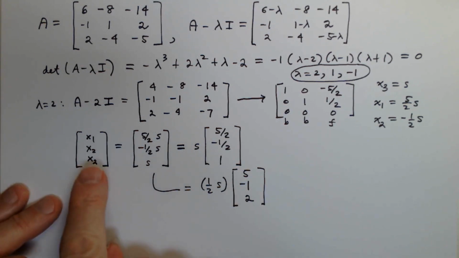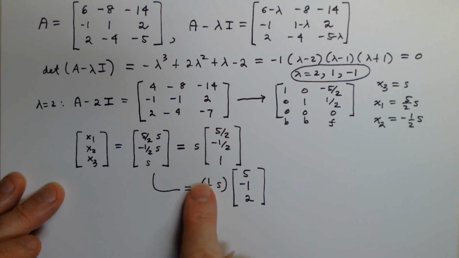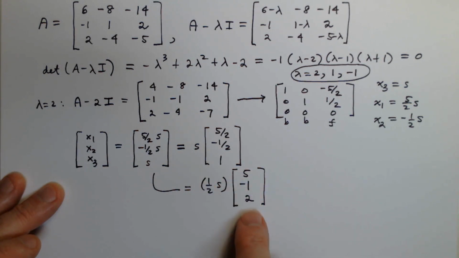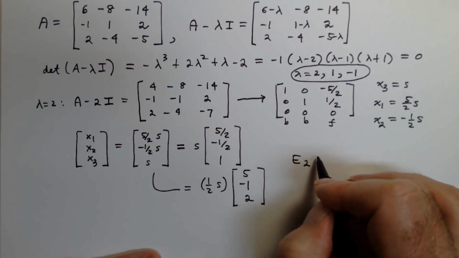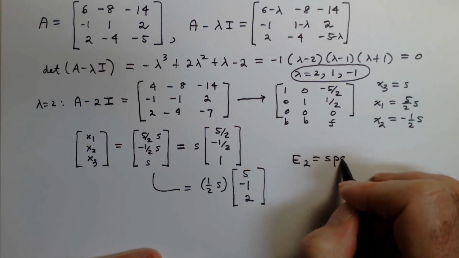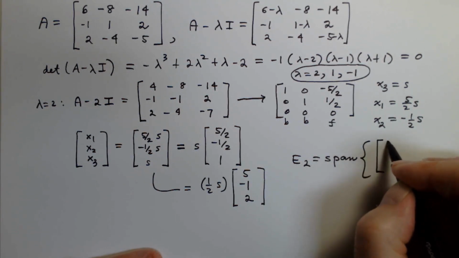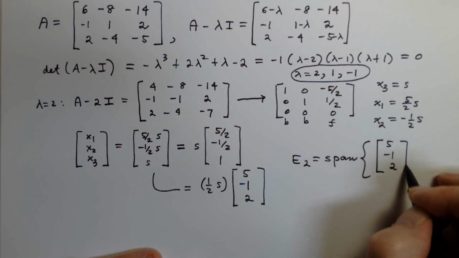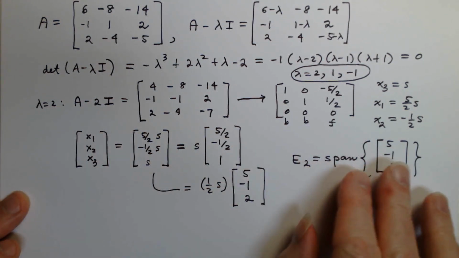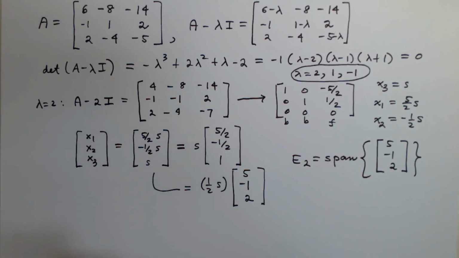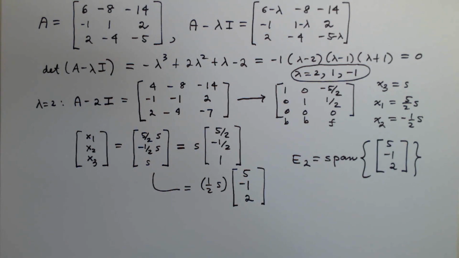This shows me that any solution to the homogeneous system is just some scalar times 5, negative 1, 2. And so I'm going to write E sub 2 as the span of 5, negative 1, and 2. So the eigenspace corresponding to lambda equals 2 just consists of all multiples of the vector 5, negative 1, and 2. And that's a nice way to represent E sub 2.